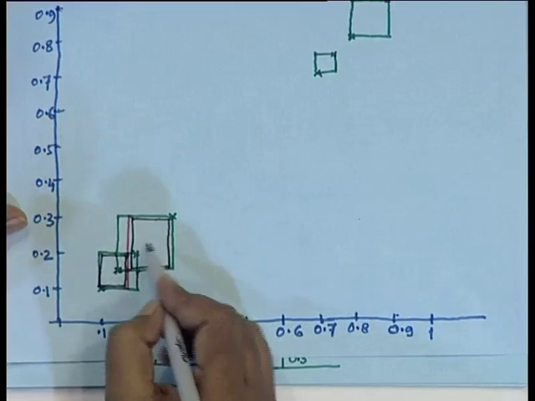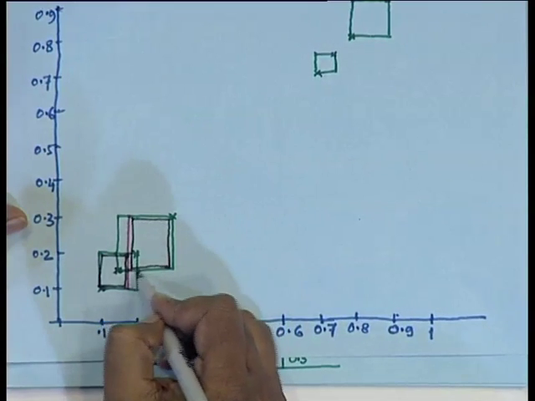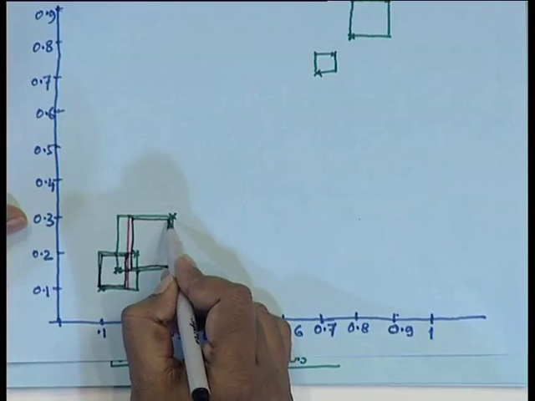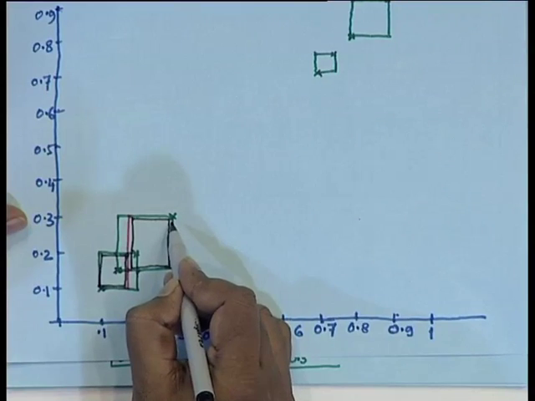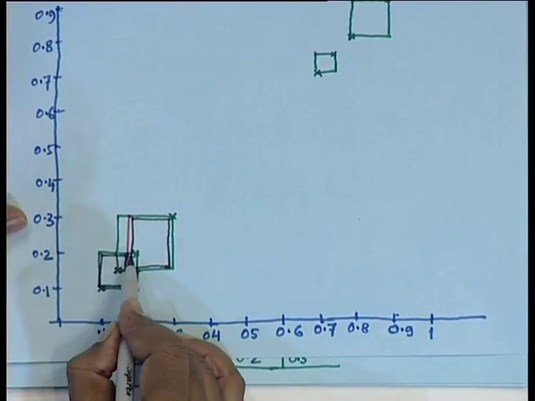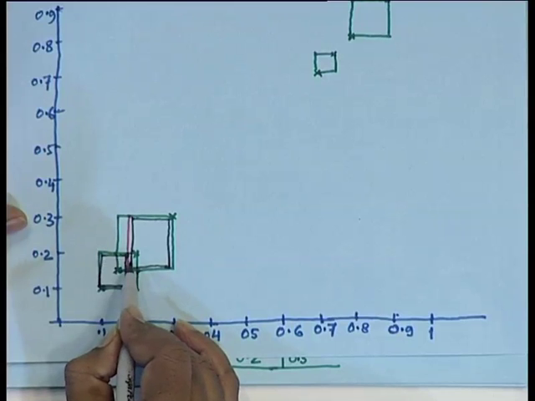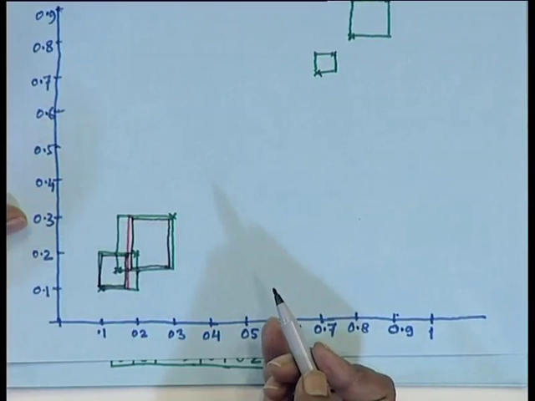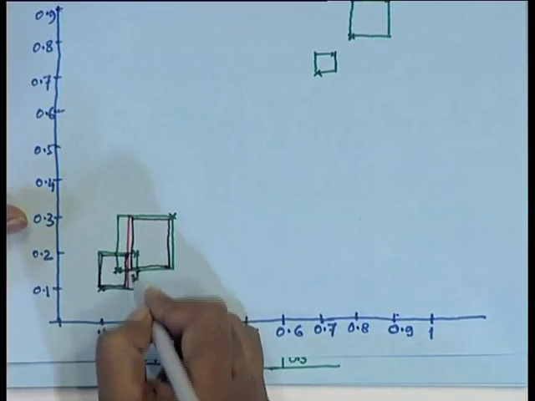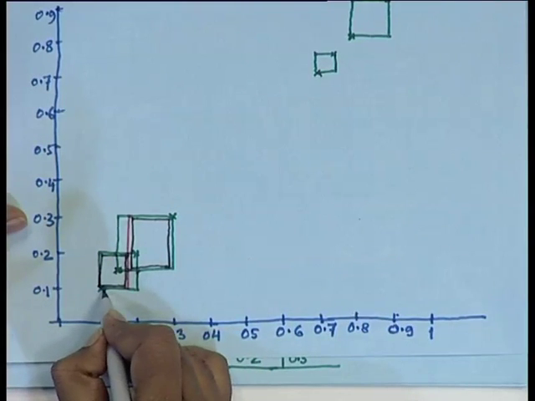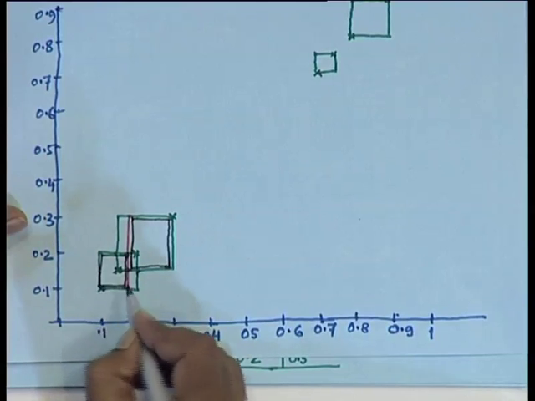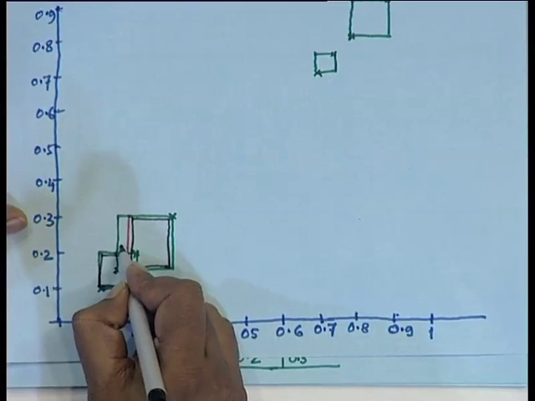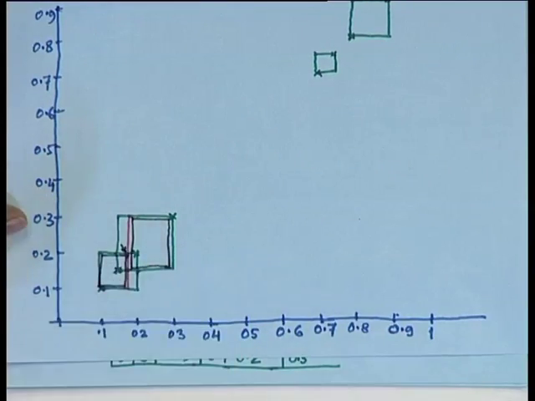So, what I have to do is change the min point and max point accordingly for this hyperbox, which was a point hyperbox earlier. I have to change the min point and max point for this hyperbox which was already existing, right. So, what will be the new min point, max point? For this hyperbox, the min point remains the same. What is the max point? Max point is this coordinate, right.